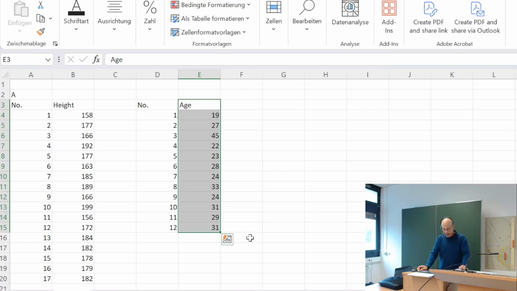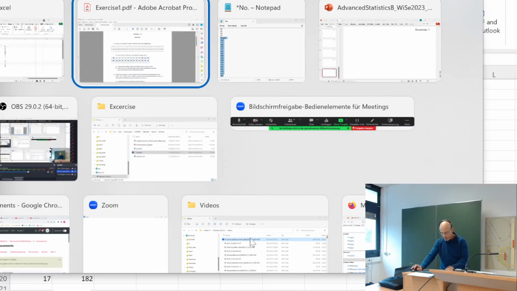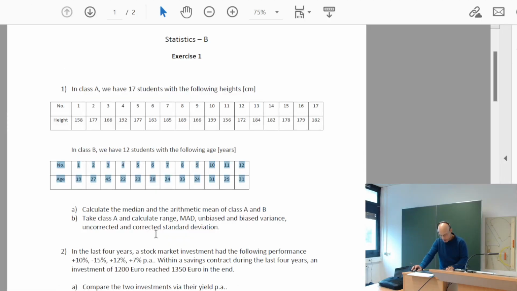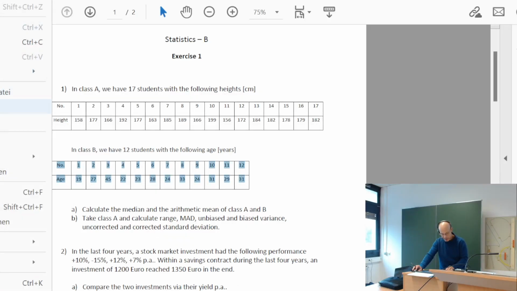So then what we shall do is to calculate the numbers.